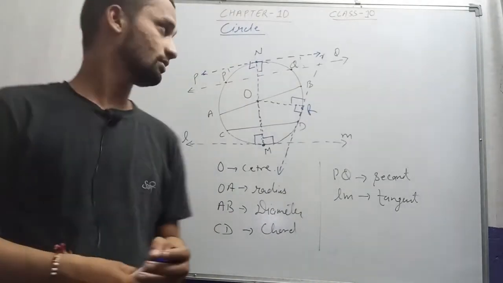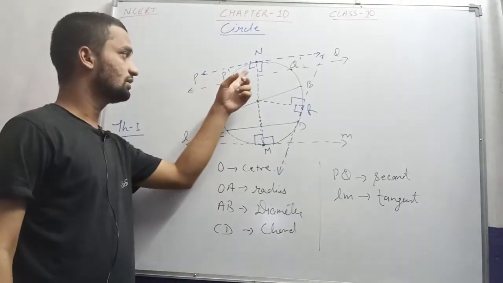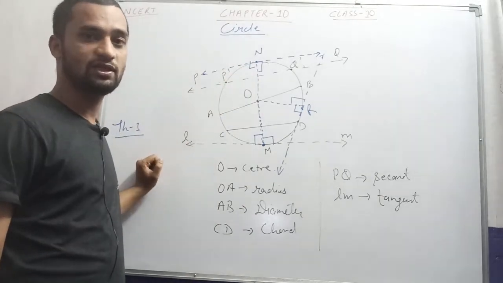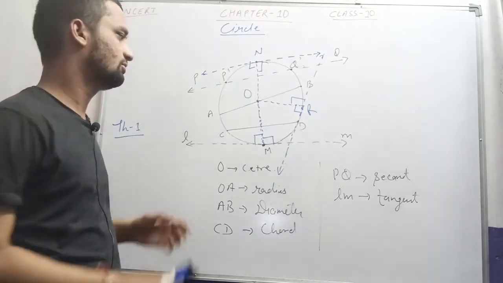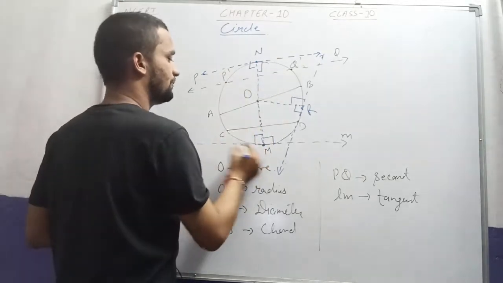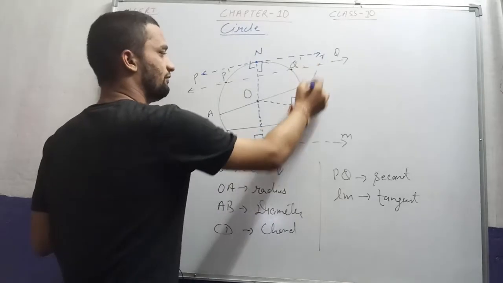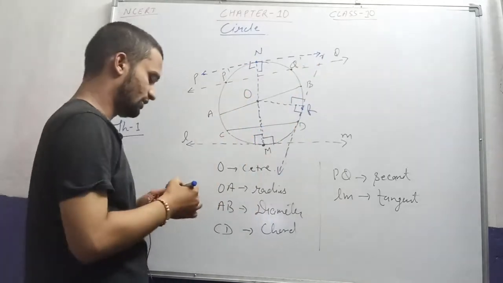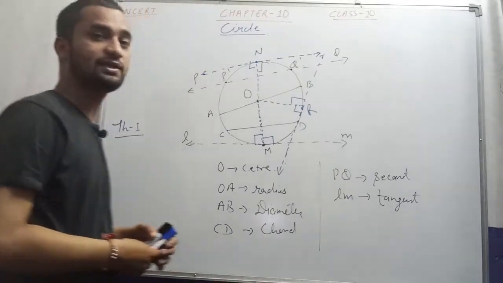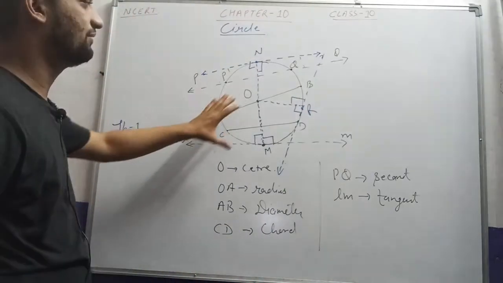Secondly, a circle can have only one pair of parallel tangents, suppose PQ parallel to LM. Only one pair of tangents can be parallel at a time.